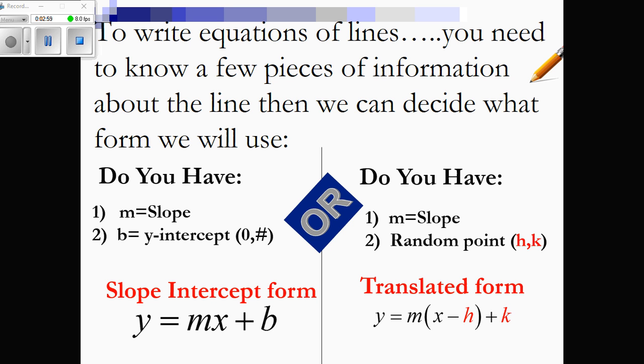And the translated form looks a lot like the slope-intercept form, but it's shifted by the random point. So your random point kind of shifts the graph over. Okay, so that's y equals m parentheses x minus h plus k.